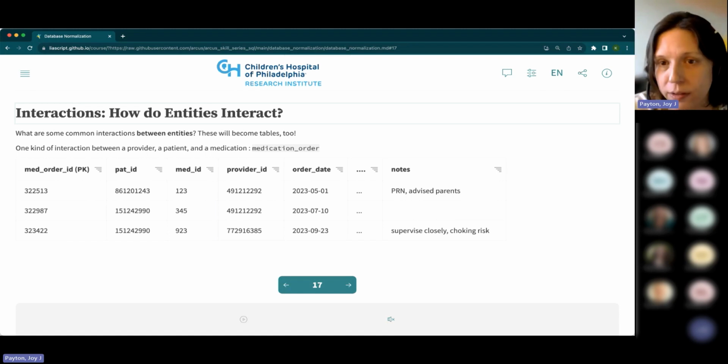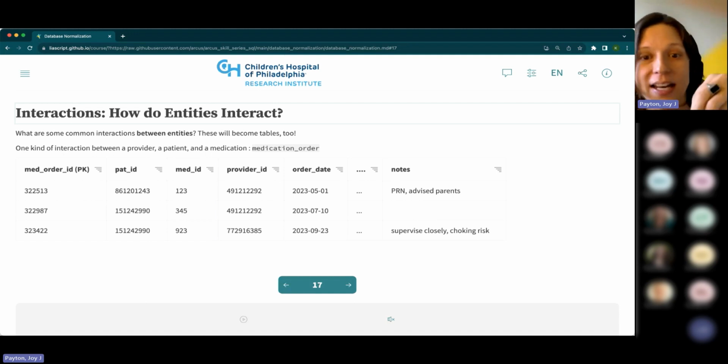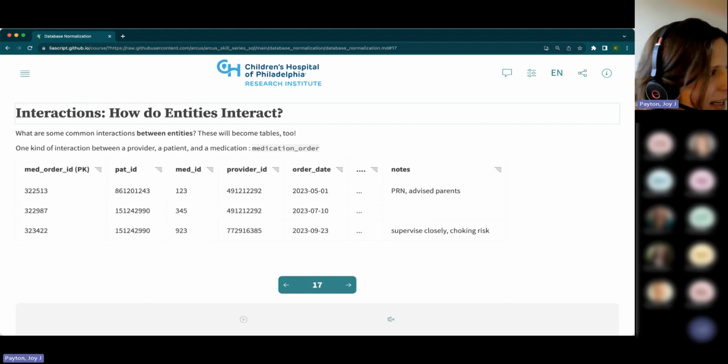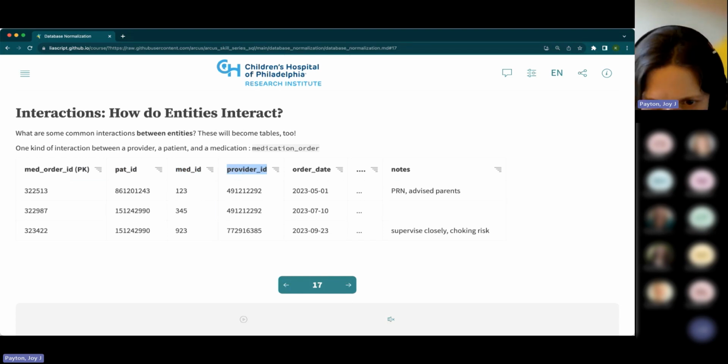Medication order, you could think of as an interaction between a provider who makes the order, the medication that is ordered, and the patient that the medication is for, right? So there are at least three entities involved in this interaction. And you can see it has its own primary key here, but it's got these other IDs that don't have PK beside them, and we'll talk about maybe why they are or are not primary keys. But there are other IDs that say, by the way, it was this medication, this patient, done by this provider.